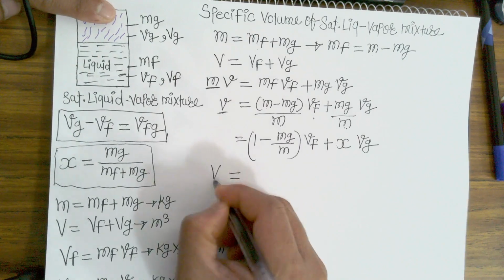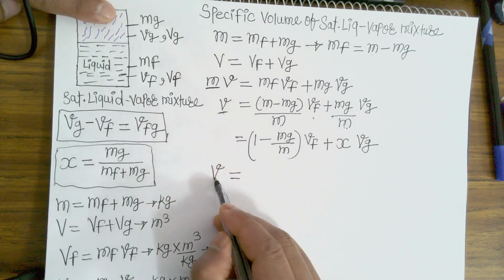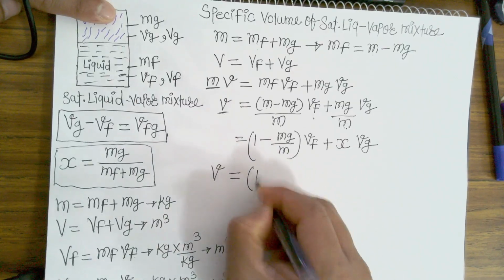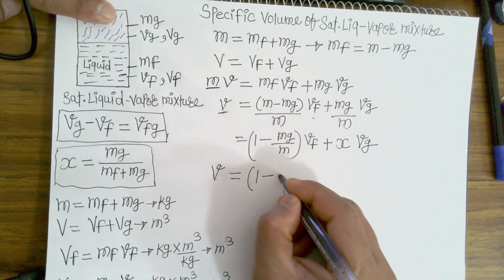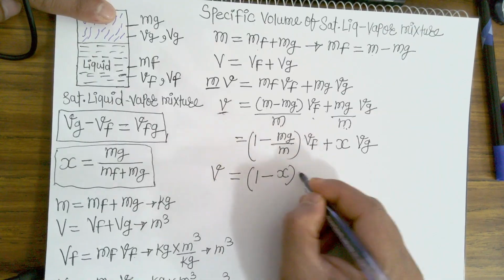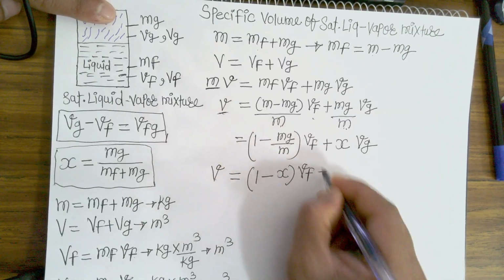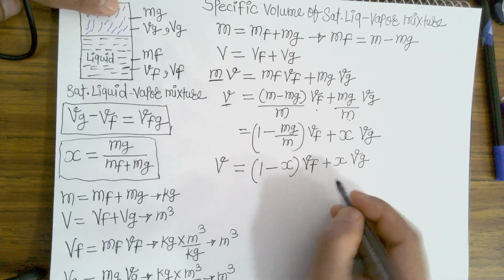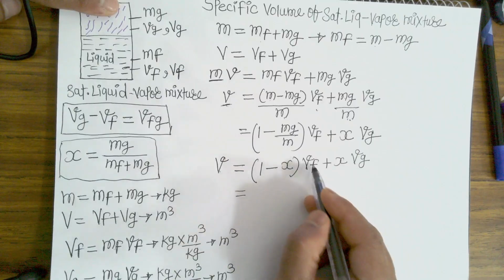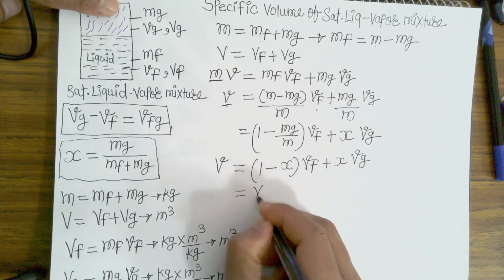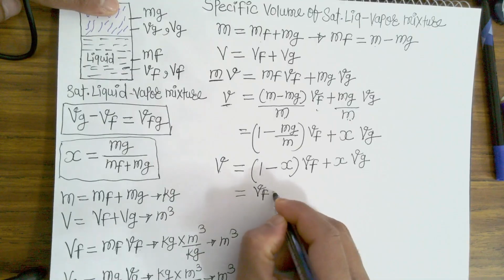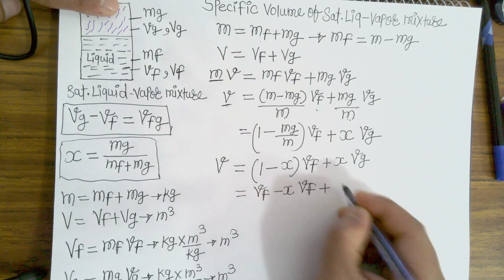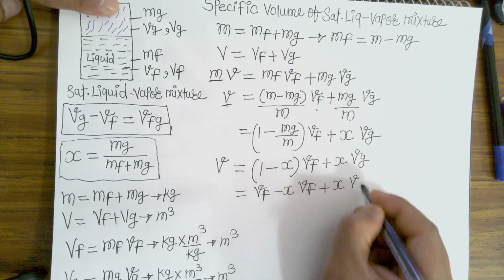So small v, specific volume of mixture, is equal to, this 1 minus mg by m is 1 minus x, multiplied by Vf plus x Vg. Let's multiply this Vf inside the bracket. So I will get Vf minus x Vf plus x Vg.